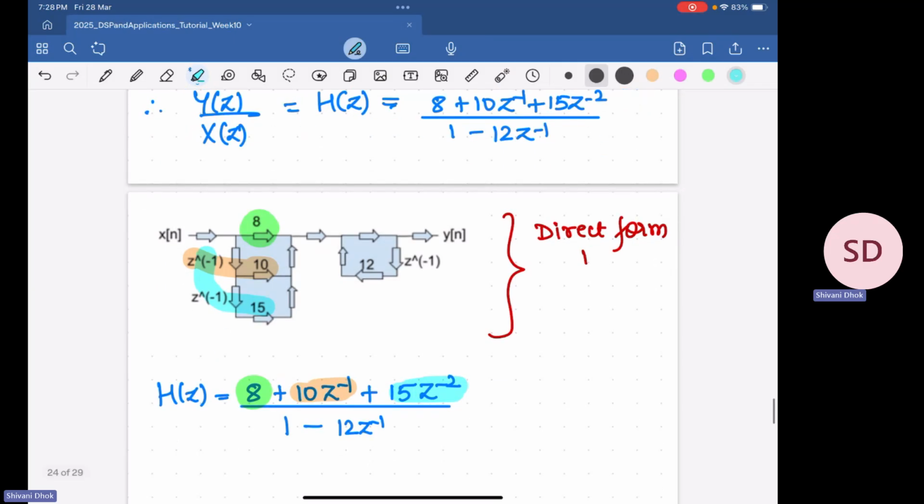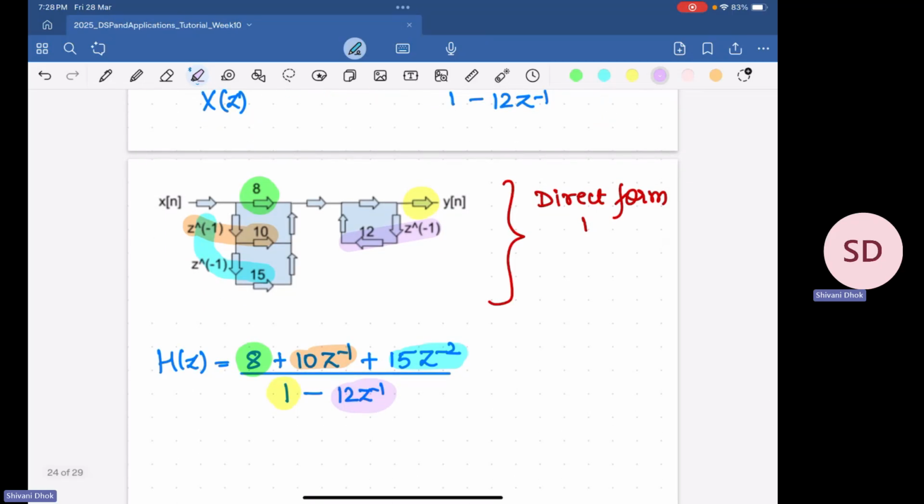Okay, then what do we have? Next thing is this y of n term comes here, then we have 12 times z inverse, so that thing comes here. Is it clear?